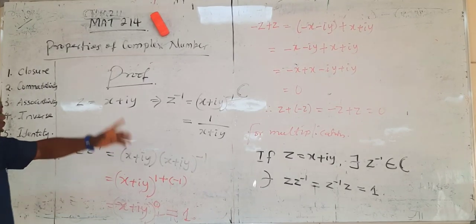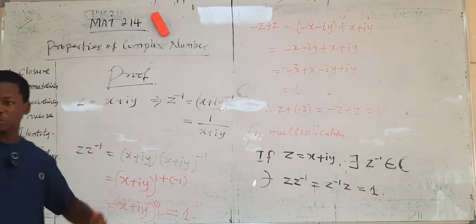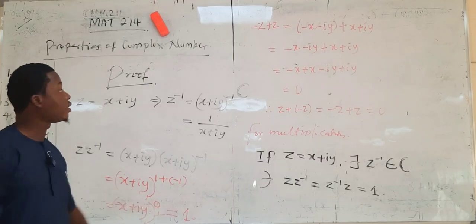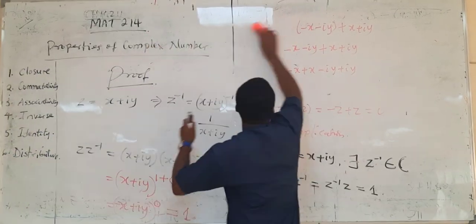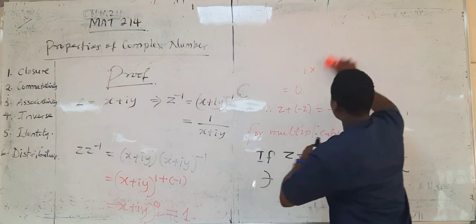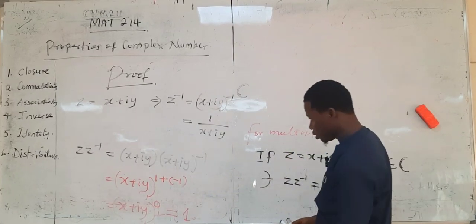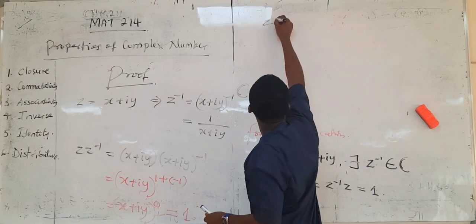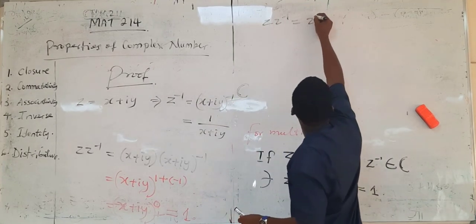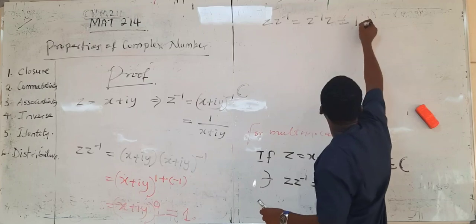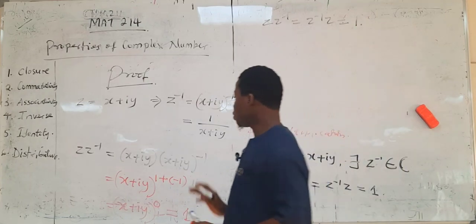The other way around, z inverse z will still give us 1. So z inverse z is equal to 1.